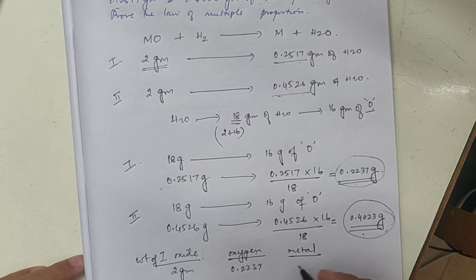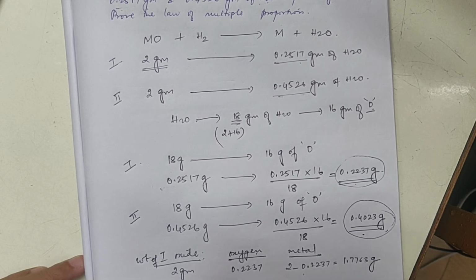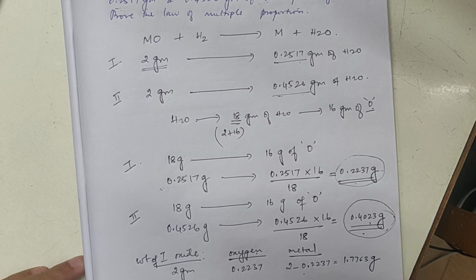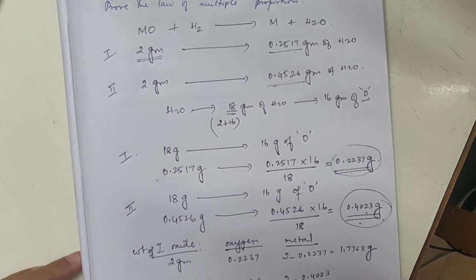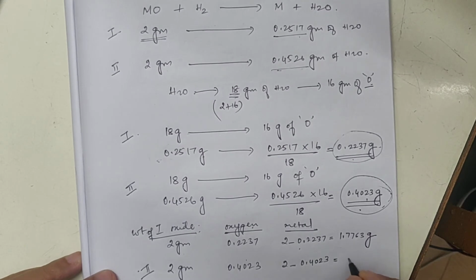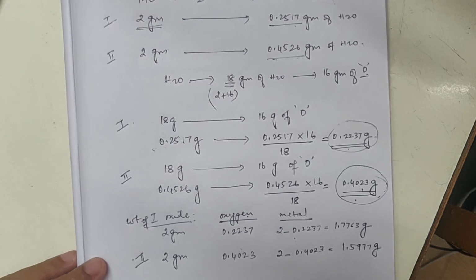What will be the weight of metal? 2 minus 0.2237. That will be 1.7763 gram. Now same way second one, second oxide. This is second oxide, 2 gram, and this is 0.4023 of oxygen. So how much will be the metal? 2 minus 0.4023. That will be 1.5977 gram. This has come.